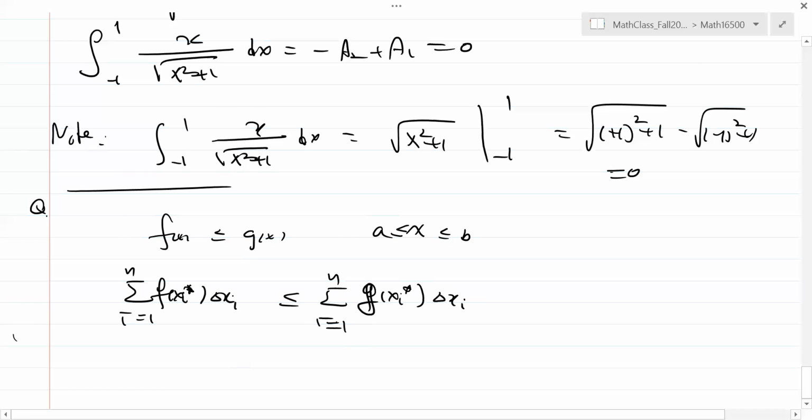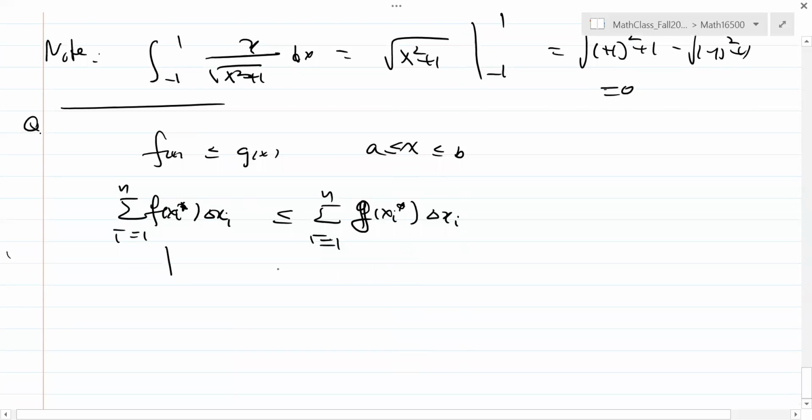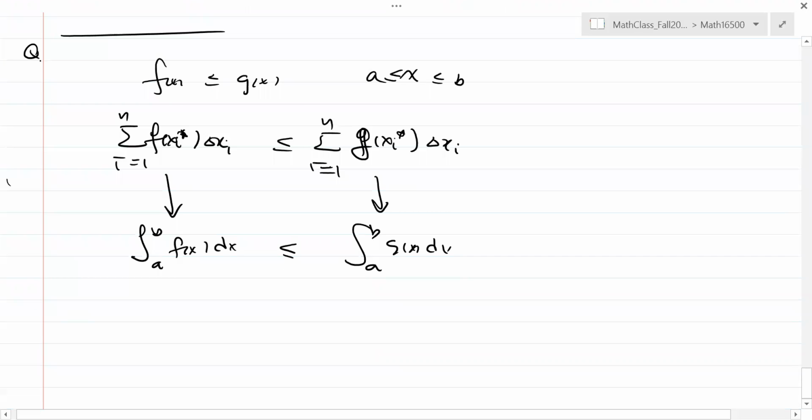Then you take the limit. Why does this inequality still hold? Because you have the same delta x i, identical for the same partition. So the limit on this side will be the integral of f, and this side's limit will be the integral of g, so you still have the same inequality. This is true.